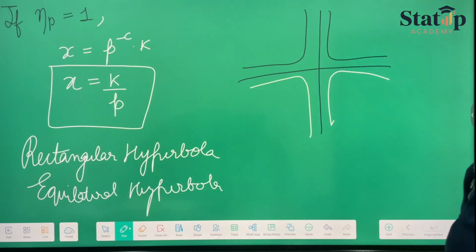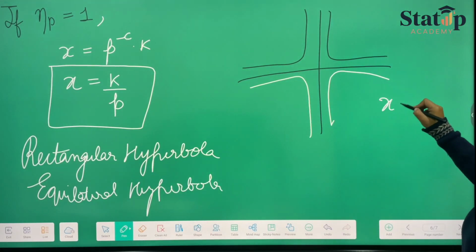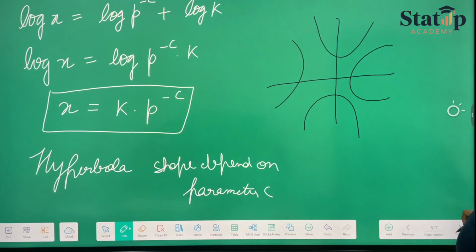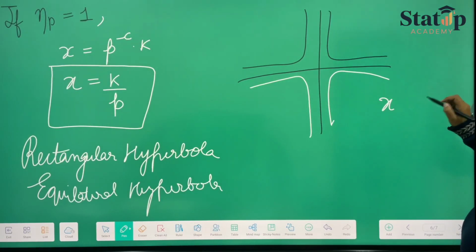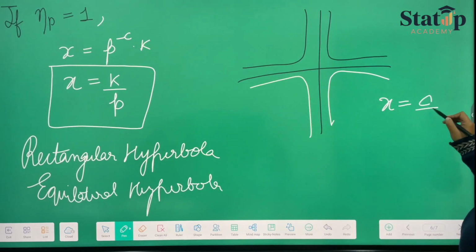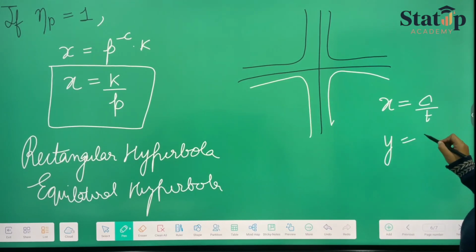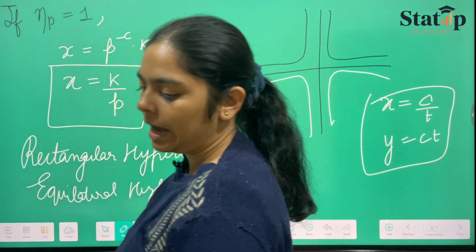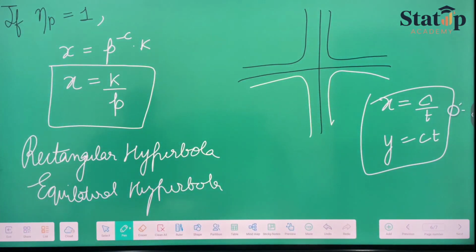These are the equilateral hyperbolas having the equation x equals to c upon t, y equals to c upon t, sorry, or y equals to ct, something like that. These are the equations of a rectangular hyperbola, which we get when the constant is equals to 1.